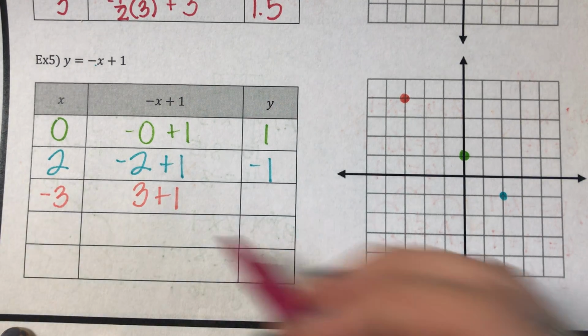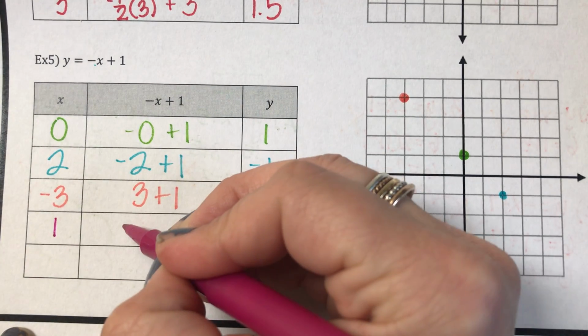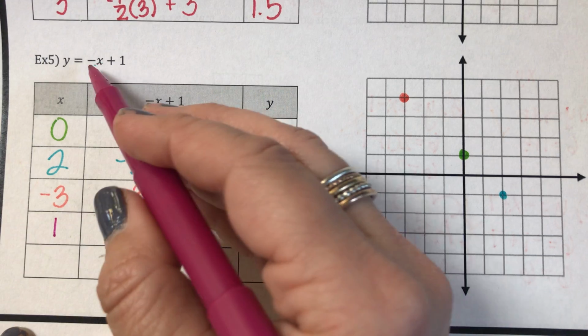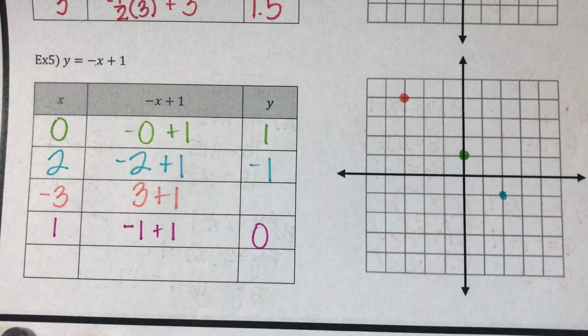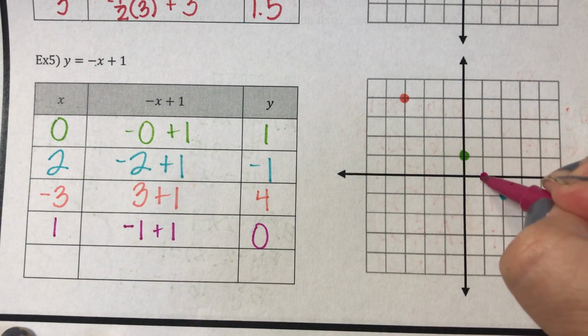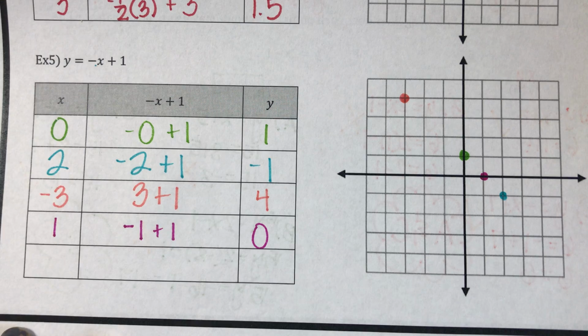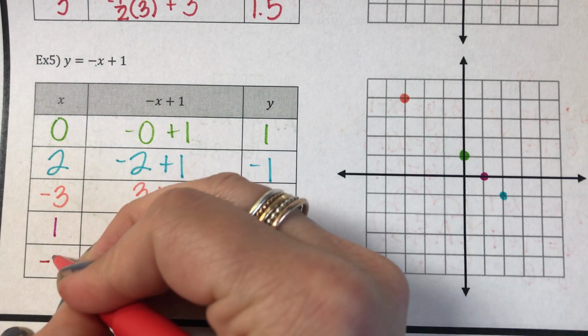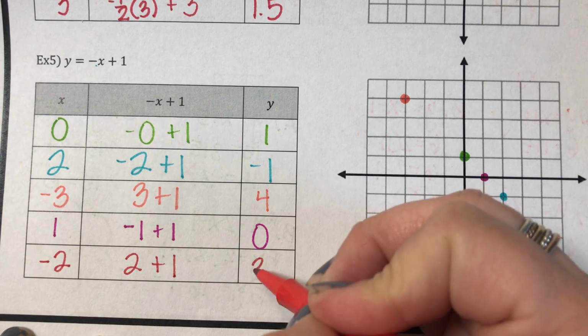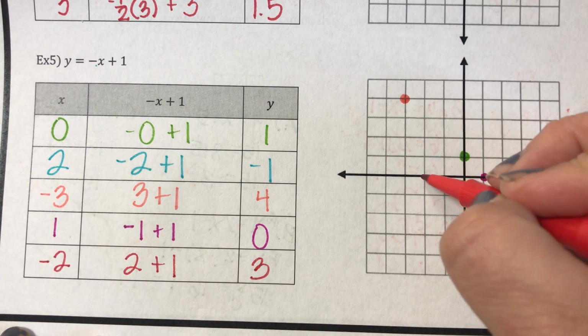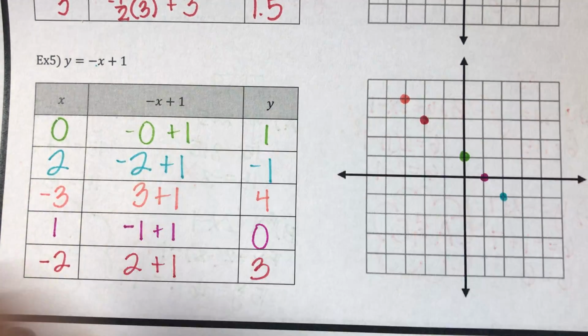Okay, and then if I put in +1, that would give me the opposite of 1 is -1, plus 1 is 0. Oh, I forgot to write this. So I have the point 1, 0, and then I'm going to pick -2. So the opposite of -2 is 2, plus 1 is 3. So here's the point, -2, 3.